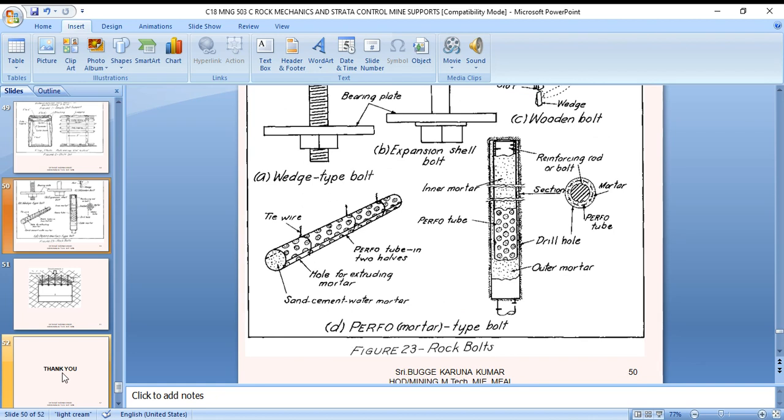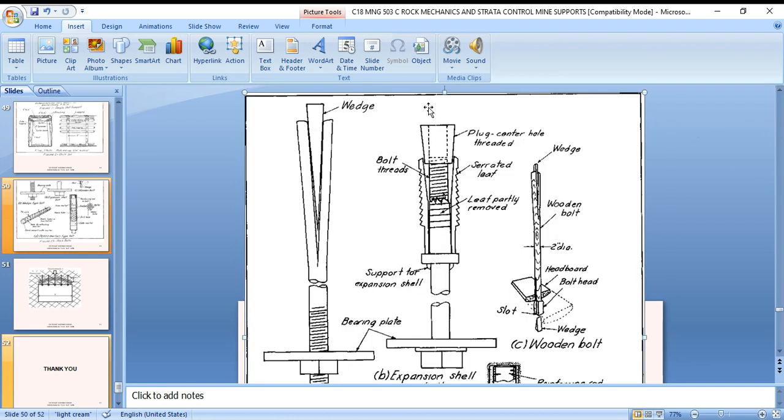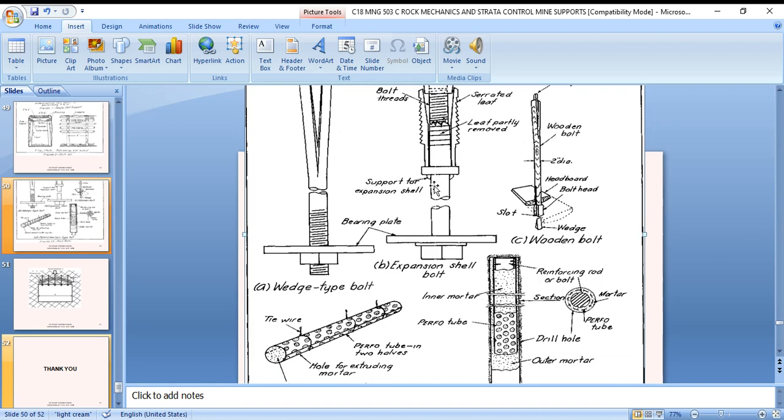These are the complete expansion bolt types, shown here for the purpose of understanding ground supports. So this is the wedge type. So the expansion shell type goes against the wall of the hole, and it will be tightened. This is the slot and wedge type, expansion shell type.